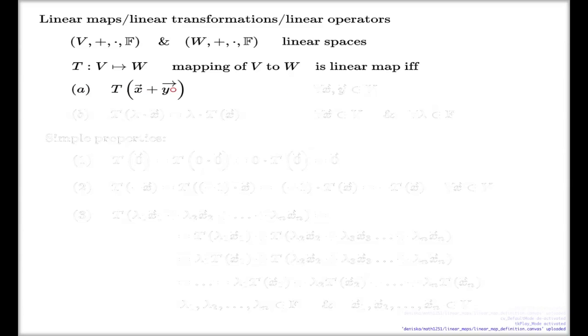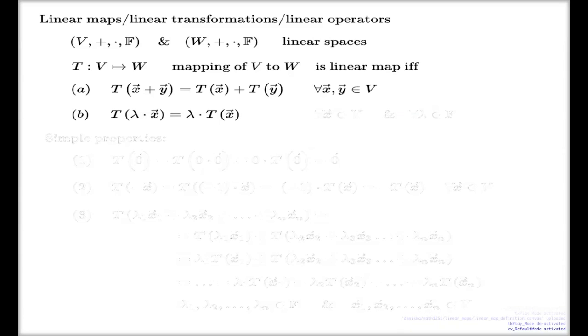First, the image of a sum of two vectors is the sum of the images of those vectors, and that is true for every two vectors from your space V. And the second property is that the image of the scaled vector is the scaled image of the original vector x. Again, this should be true for any vector x from the vector space and any scalar from your field of scalars.